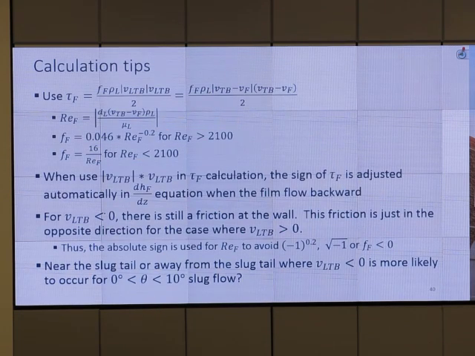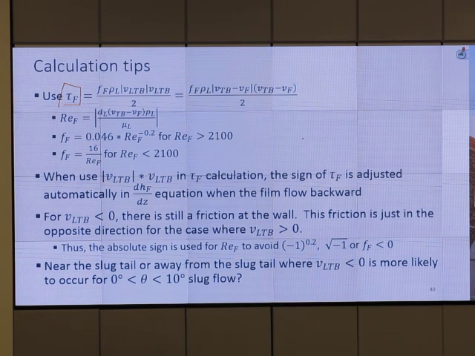Okay. When you do the actual calculation, there could be some problem when you calculate tau f. Force is a vector. We use real force, because force in the moving frame is the same as force in the stationary frame, right? So force is a real force. So if your film moves forward, tau goes into plus z.